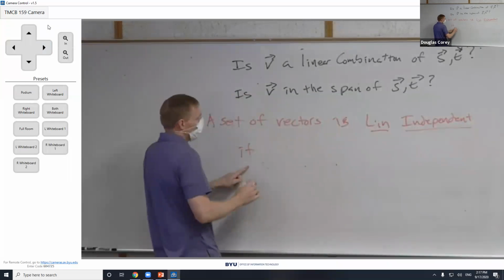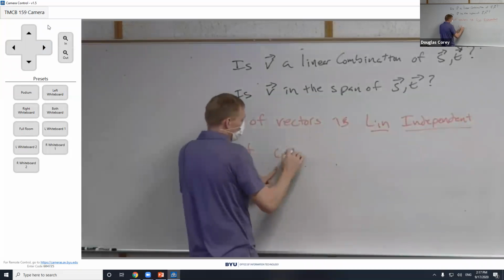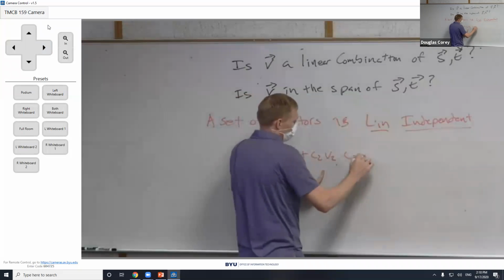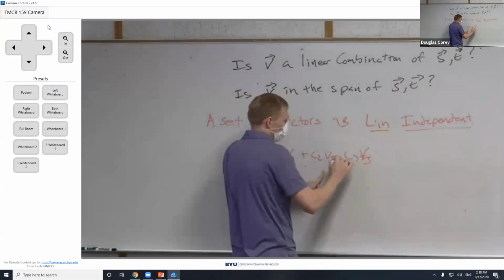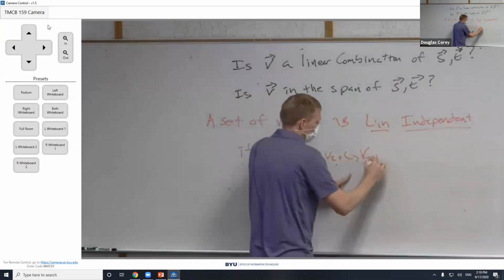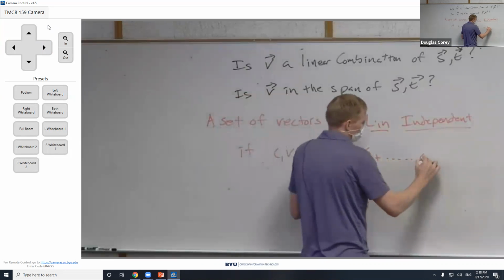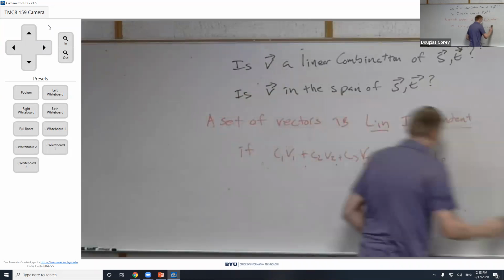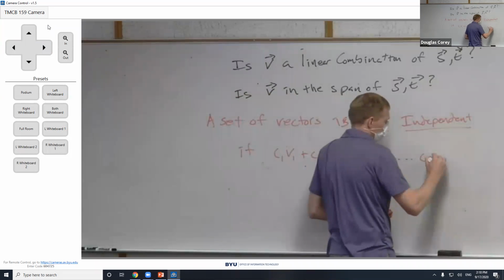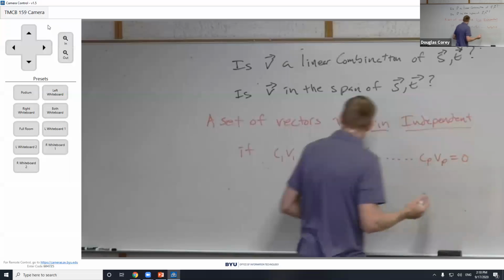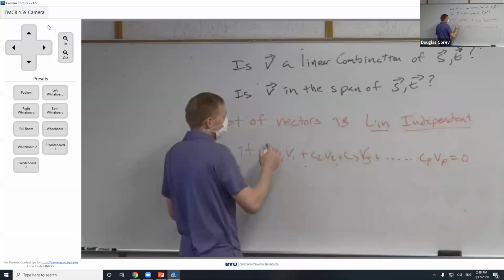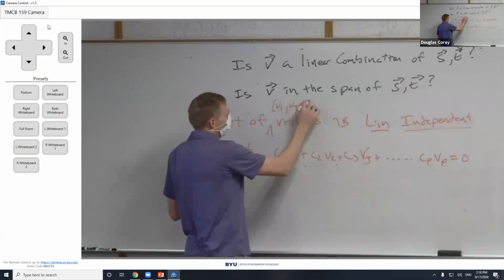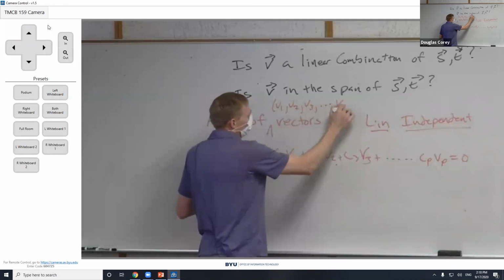So it's linearly dependent if this equation... So the set of vectors, that's V1, V2, V3, up to VP, however many vectors that we have.